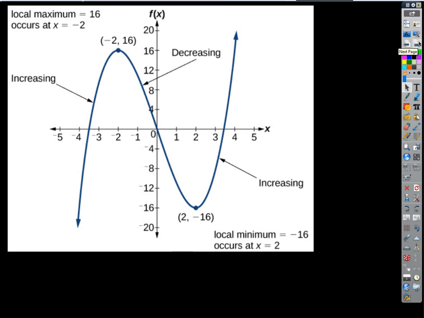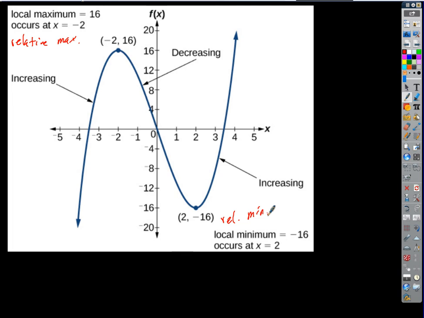Last issue would be, and we're not going to spend a lot of time on this, if we talk about a local maximum, local or relative, let's say both of those things interchangeably. So a local maximum is the same thing as a relative maximum. Local minimum is the same thing as a relative minimum.